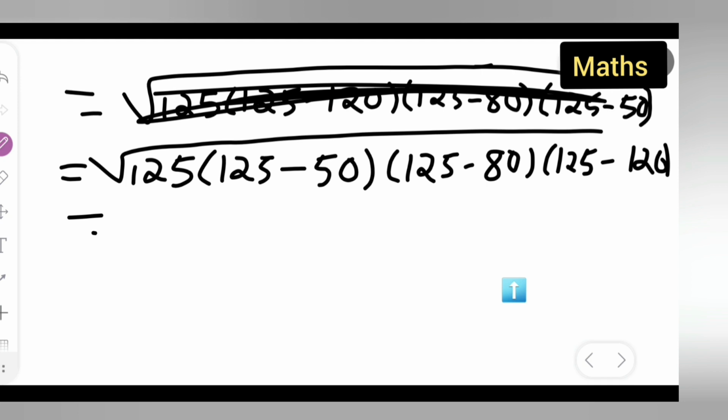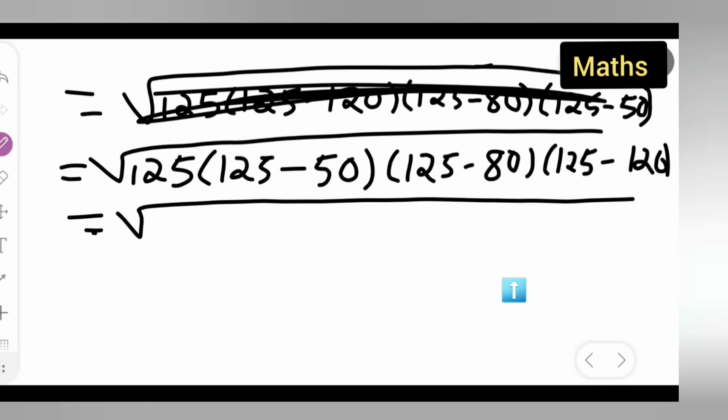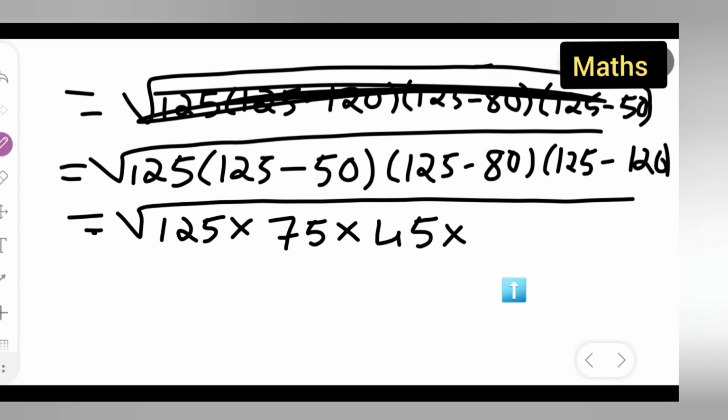So basically what you all are going to get is, write down 125 multiplied by 125 minus 50 will be 75, multiplied by 125 minus 80 will be 45, multiplied by 125 minus 120 will be 5.